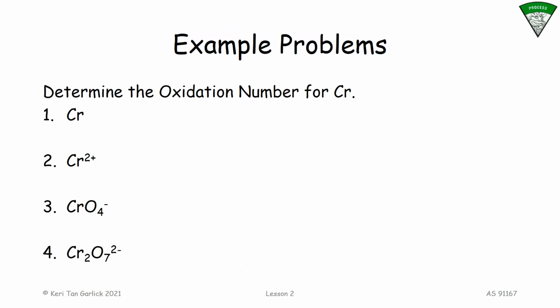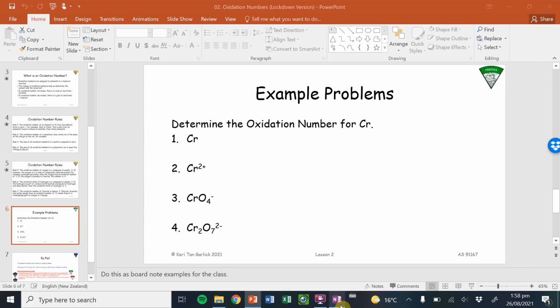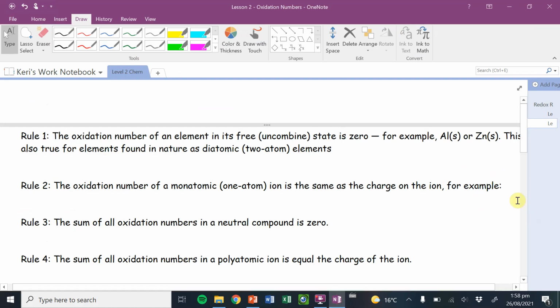So I figured the best way for me to show this to you guys is look at the oxidation number of chromium. Now, obviously, I have a whole list of chromium in different situations, and that's going to influence what rule I grab and thus what oxidation number I have. So once again, I'm going to move to my OneNote so I can write these notes down.